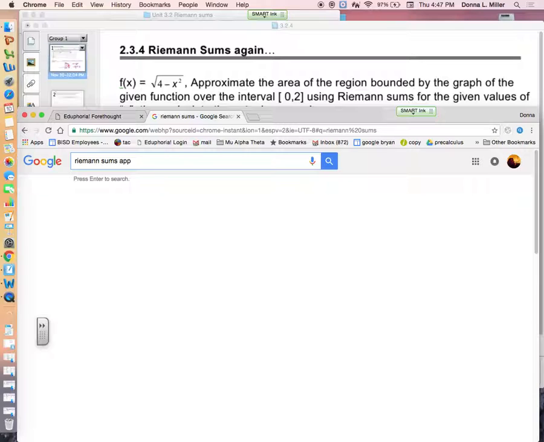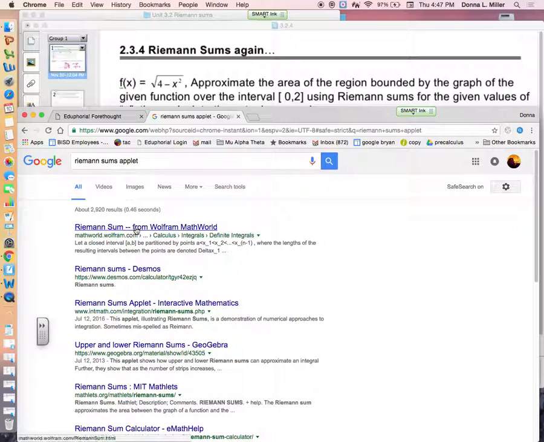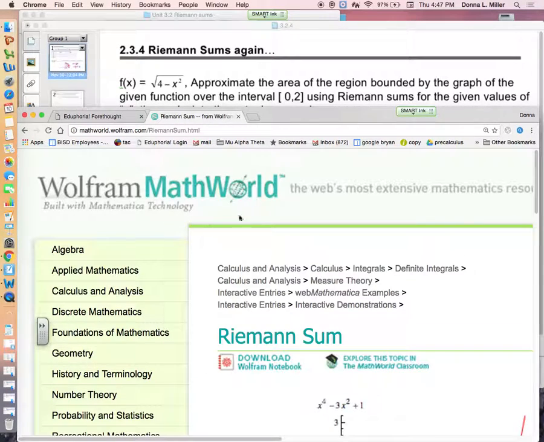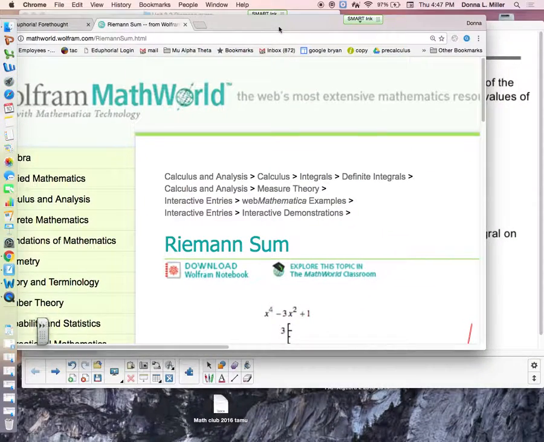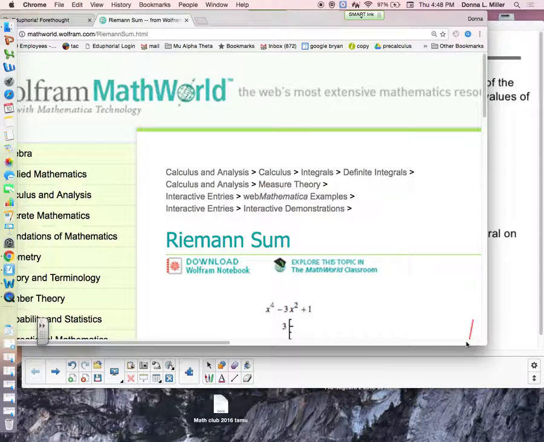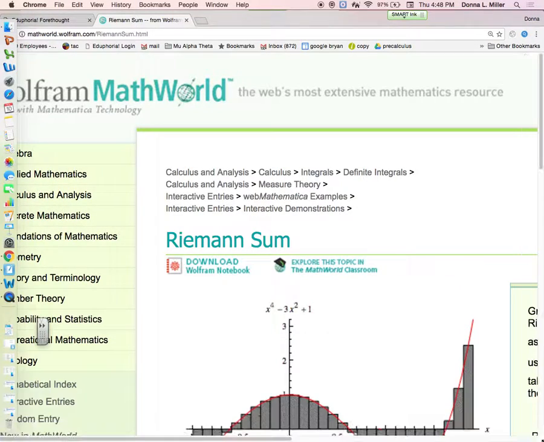My goodness. Well, let's try that again. Applet. There we go. All right, Wolfram's usually pretty good. Desmos is probably good. Let's try Wolfram. All right, let's see if I can get it down here.